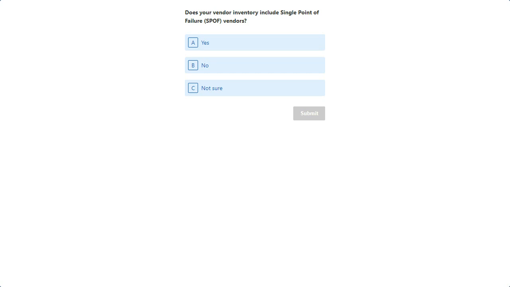So don't get hung up on the number or even the percentage. Just make sure that your criteria is very clear and that it's applied consistently throughout the organization, and then you will have the right number of critical vendors identified. I hope that helps.